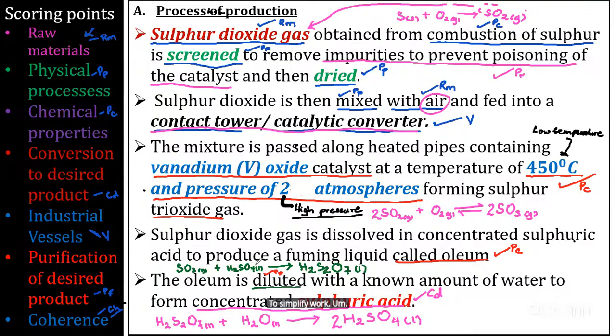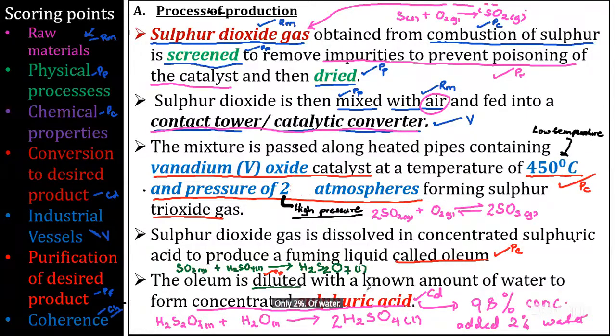The oleum is a liquid which gives us large amounts of concentrated sulfuric acid. For every 1 mole of the oleum, you get 2 moles of sulfuric acid. So you simply dilute with very little water because this sulfuric acid we shall have made is 98% concentrated. It means we added only 2% of water.